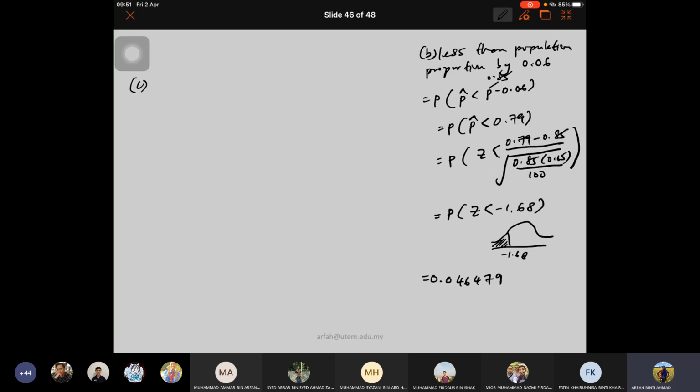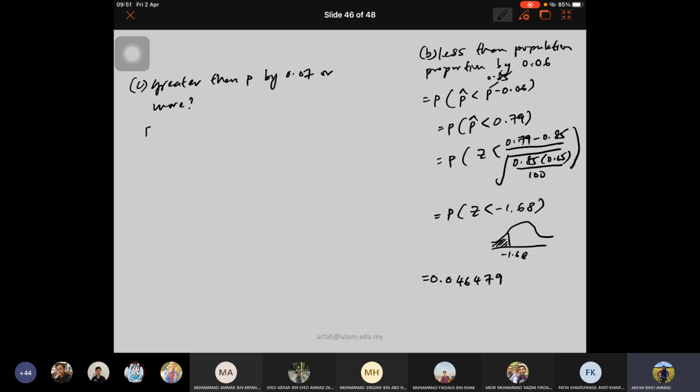So question C. What is the probability that this sample proportion is greater than the population proportion by 0.07 or more? Greater than P by 0.07 or more.